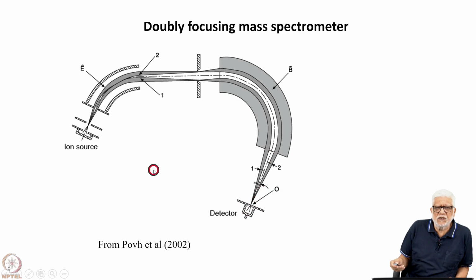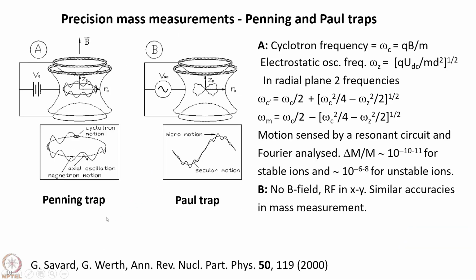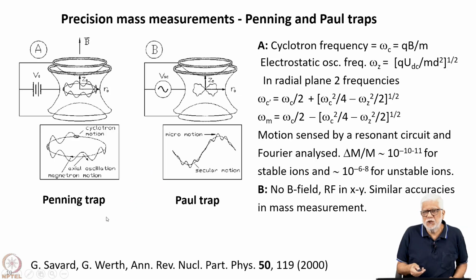You can scan the magnetic field and get a scan of the mass. Okay. So this shows you how precision measurements have been made using two kinds of traps.